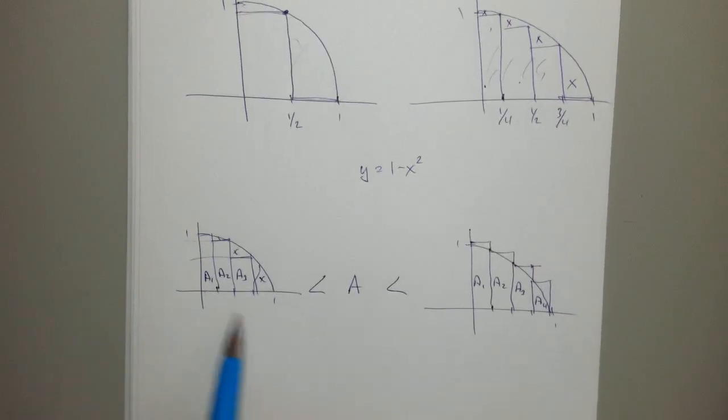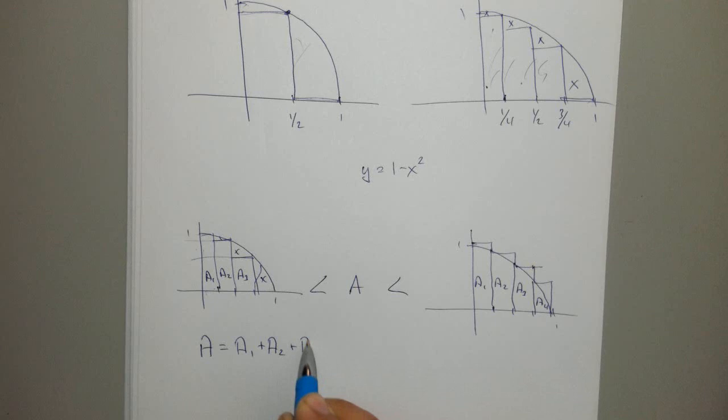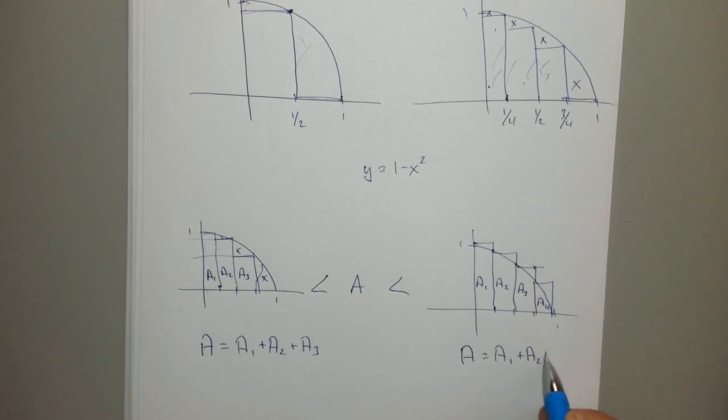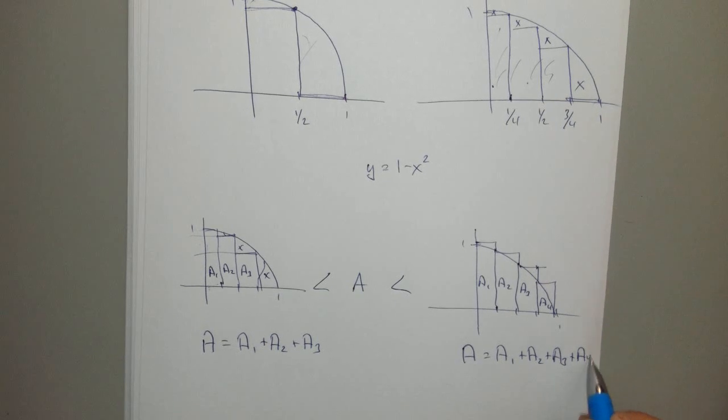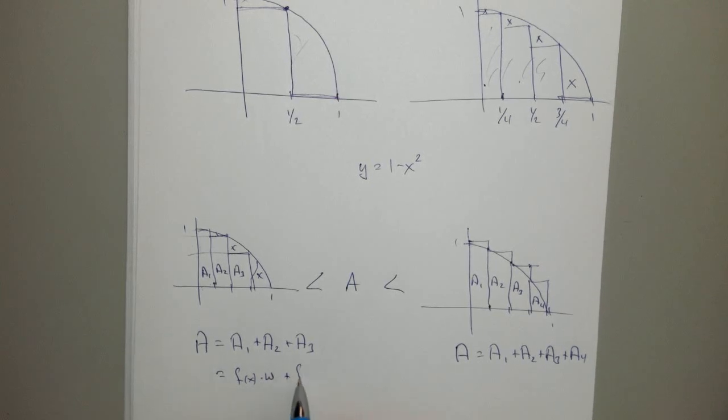How do we calculate the area of this first one? Remember, the area of this first one is the area of the first one plus the area of the second one plus the area of the third one. The area of the first one, the area of the second. Remember, each one of these is the function itself times the width.